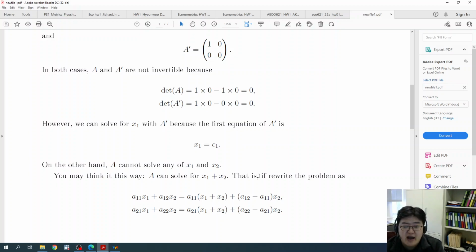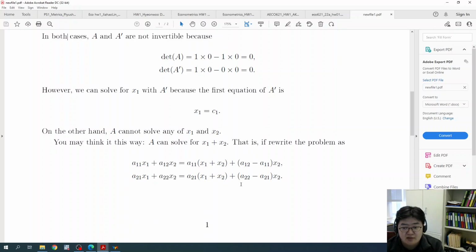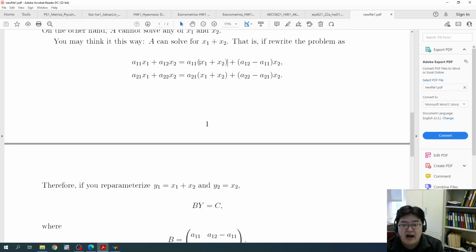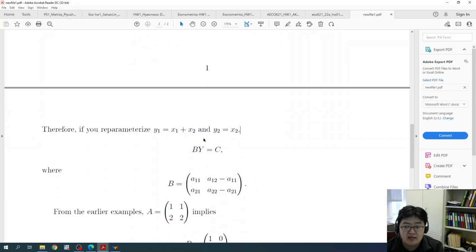So put it this way: I'm going to rewrite this equation by adding this and subtracting this, right? No difference, but the reason I'm doing this is that I'm going to reparameterize the equation. This part will be denoted as y1, and this is y2. So I will change x1, x2 into y1, y2 using this relationship, so that I can rewrite the equation: same equation, but with a different matrix and different unknowns.